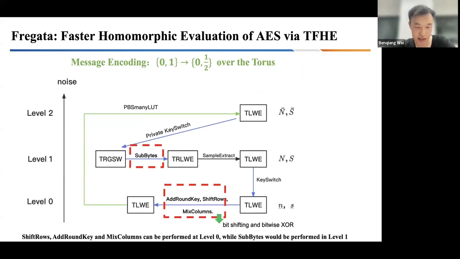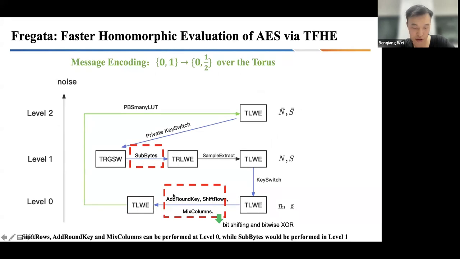In conclusion, we proposed Fregata, fast homomorphic evaluation of AES via TFHE. If you want to evaluate SubBytes, we can use very cheap CMux gates to evaluate them at level 1.